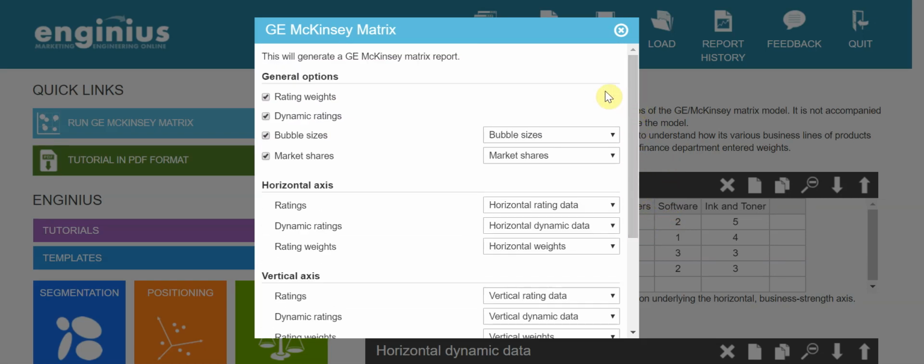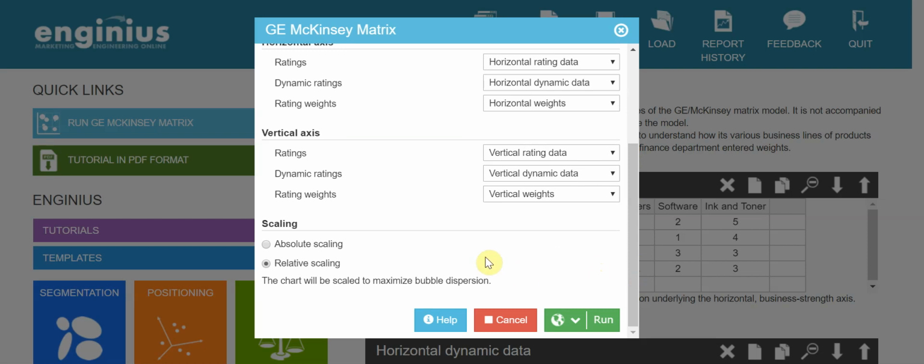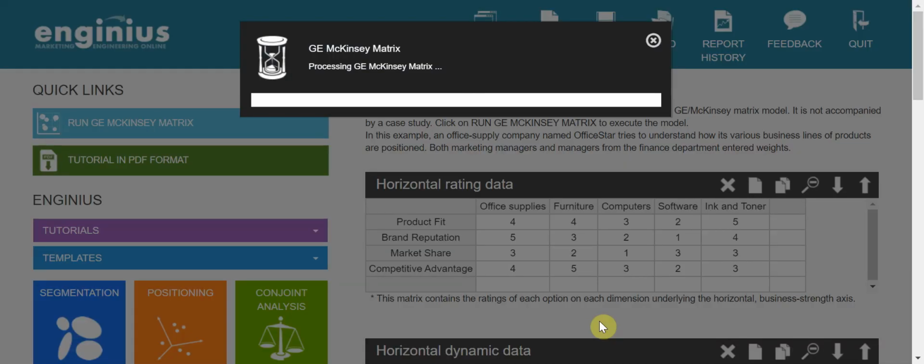But when you conduct your own analysis, you can make changes on this pop-up screen according to your conditions. Anyway, you can just click the green Run button here. That's it.